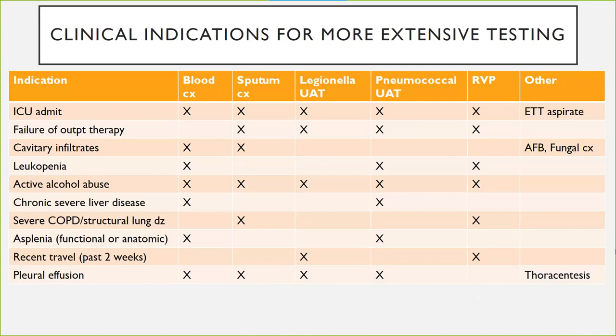The pneumococcal urine test, the benefit of that over sputum culture is it does stay positive longer than the sputum culture will. So if the patient has been on antibiotics for a day or two before you're able to get the sputum, which often happens in the hospital, you may still be able to get a positive on the pneumococcal antigen.